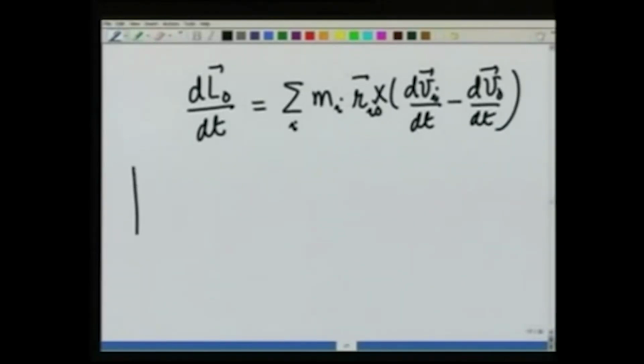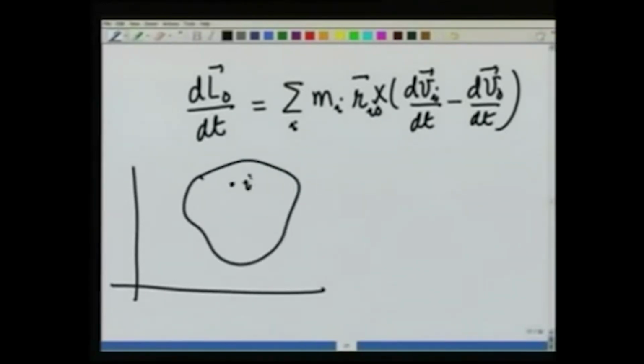Let me remind you again, this is my reference frame, this is my body, this is point i, this is some arbitrary point O, this is R_O whose derivative gives me v_O, this is R_i, and this is R_iO.